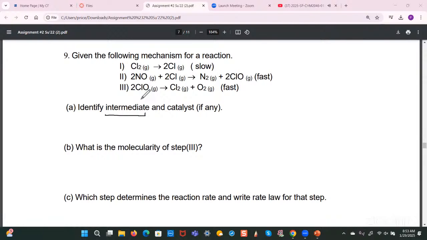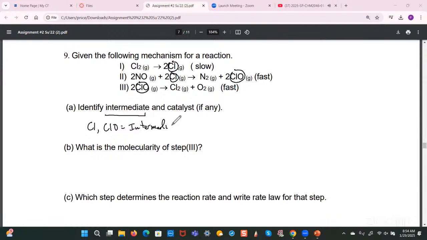Right, the Cl here is produced here and then used up here. So I would say Cl. Is there any other intermediate? The ClO, right? You don't have to put 2, just ClO. The ClO is produced in that step and then used up in a subsequent step. So Cl and ClO are the intermediates.